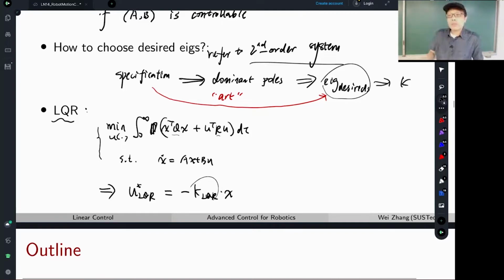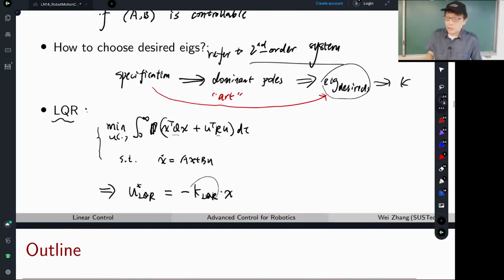Okay, I just want to mention there's a more classical way to design the desired poles, then design the eigenvalue locations and design K. Or you can use a more modern control theory, more optimal control, that you can design in terms of the LQR solution. Either way is fine. It's a linear control, it's a done deal.